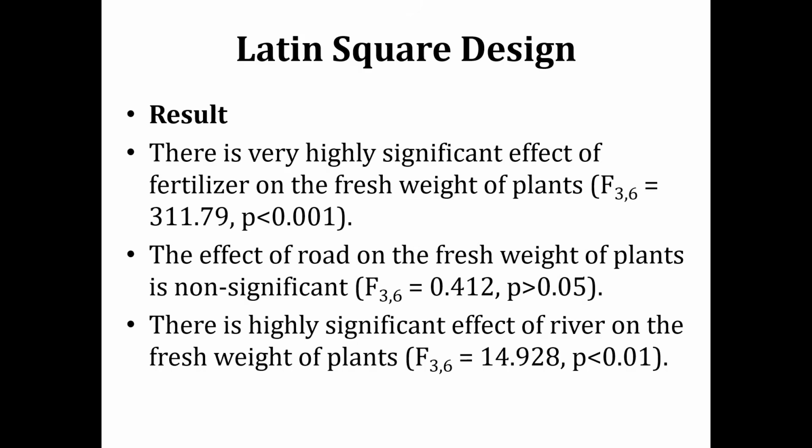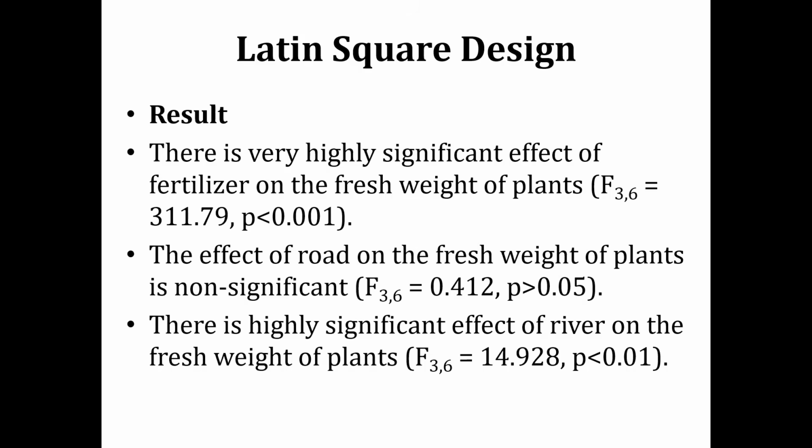Then we have the Latin square design, which can handle two sources of variation other than treatment. So in this design, we are going to have four sources of variation: treatment, which is the source of variation of our interest, and then the source of variation due to some other factor present in the field, which is not of our interest. We make blocks for calculating the effect of that gradient.